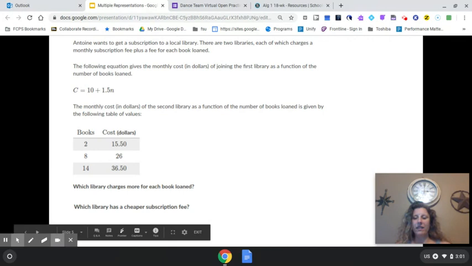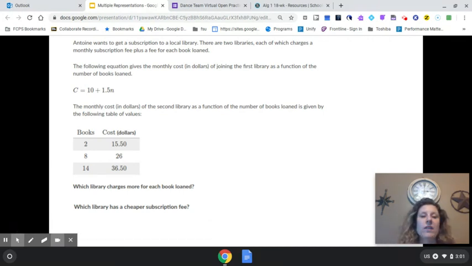Okay, the last example for your notes today says Antoine wants to get a subscription to a local library. There are 2 libraries, each of which charges a monthly subscription fee plus a fee for each book loaned. The following equation gives the monthly cost in dollars of joining the first library as a function of the number of books loaned: C equals 10 plus 1.5n.